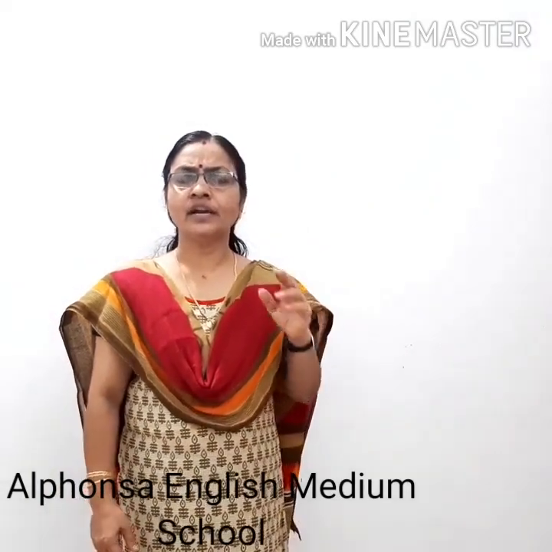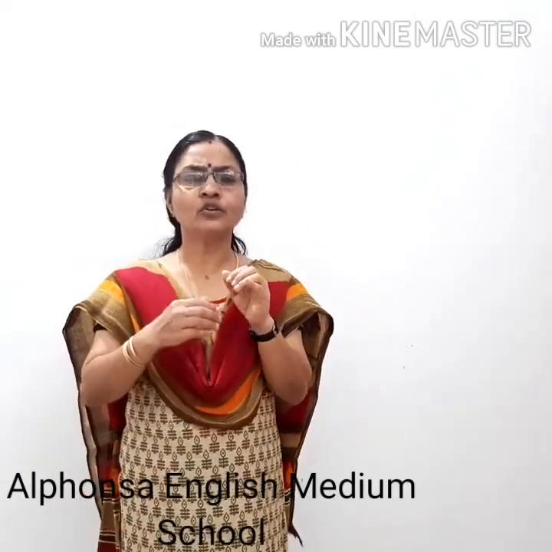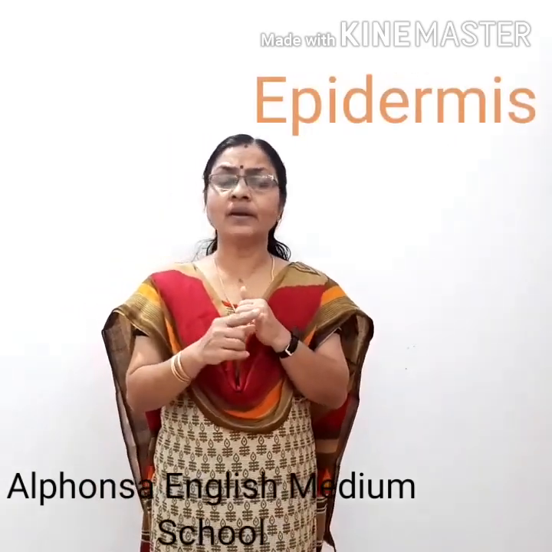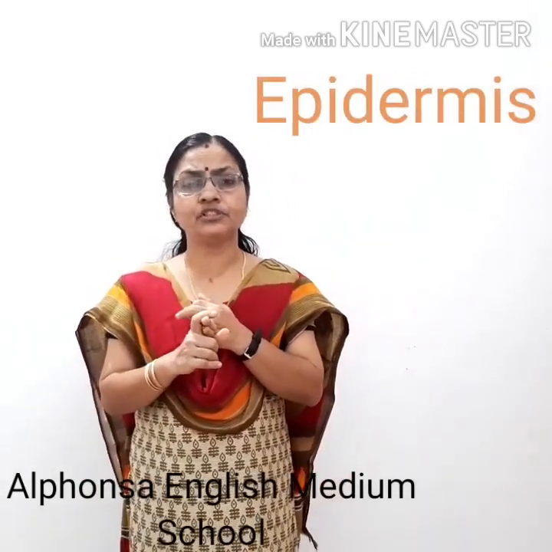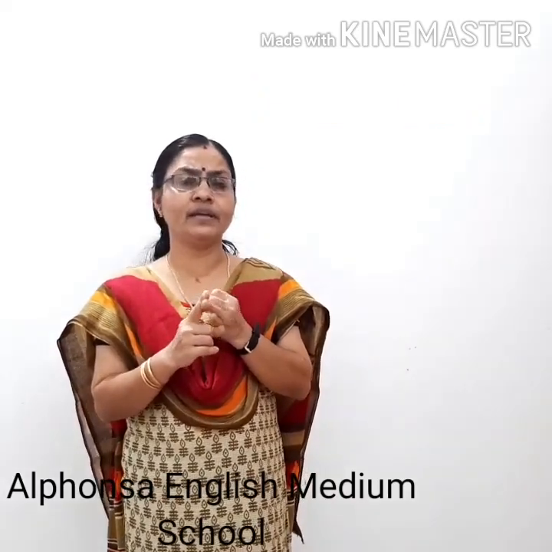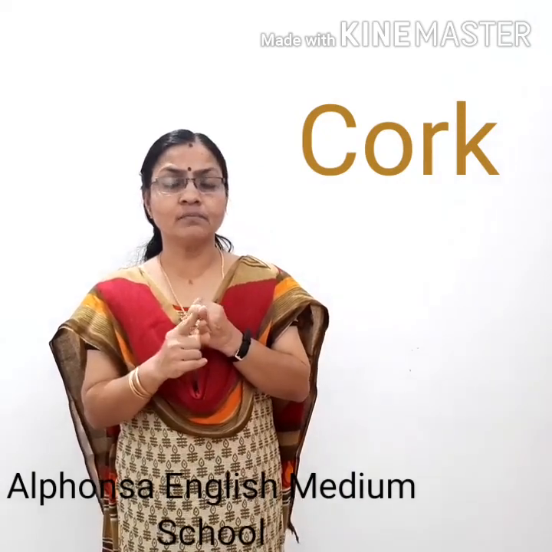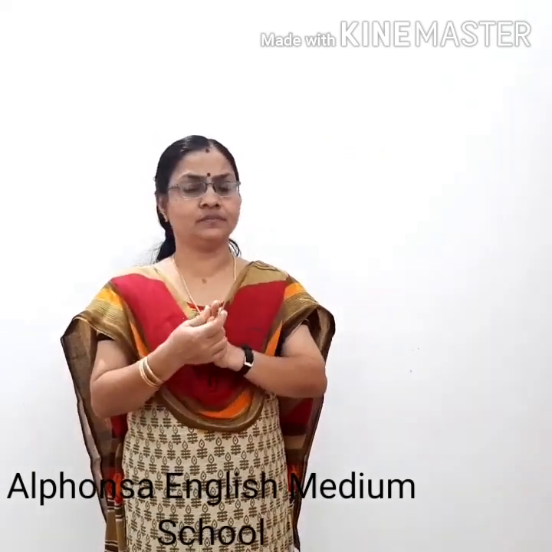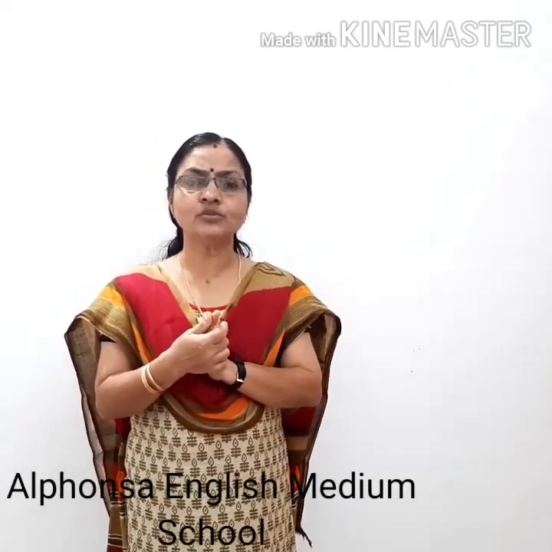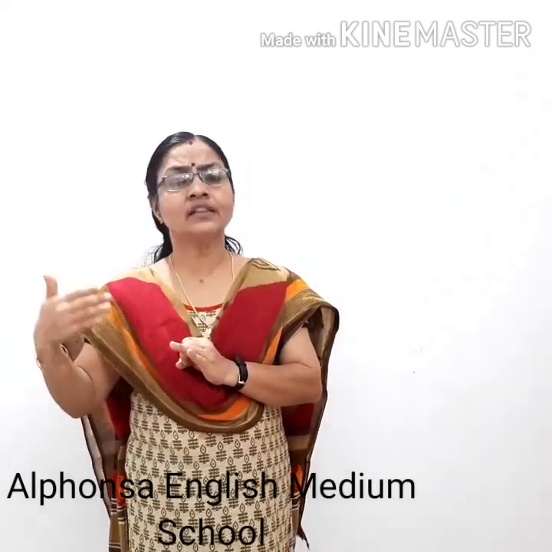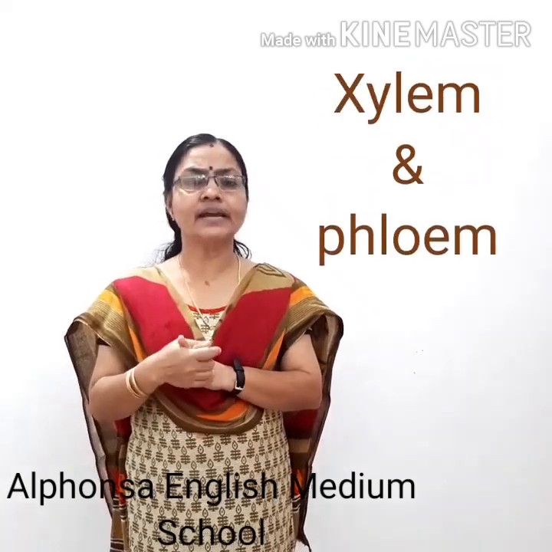In the plant body, the epidermis is one protective tissue, and the other protective tissue, which is formed later in the plant body, is the cork. Hope this term is familiar to you, cork. We will be discussing these two today, and we will also be discussing the complex permanent tissue, that is xylem and phloem.